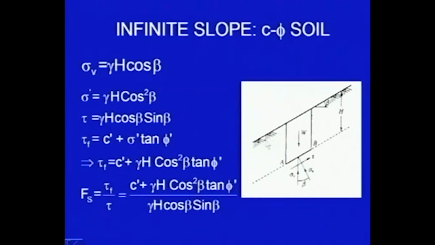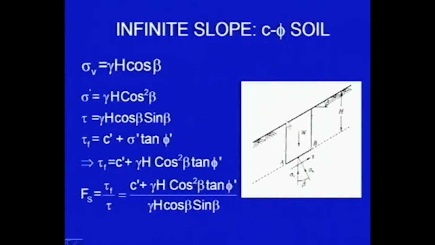And here it is again the same thing, an infinite slope which is making angle beta, and our analysis will assume, and it has been observed in the field also, that the plane of rupture is generally parallel to the ground surface, or if there is a hard stratum available here, we can take that hard stratum also. At that particular stratum, we can take this plane of rupture and then do the analysis.